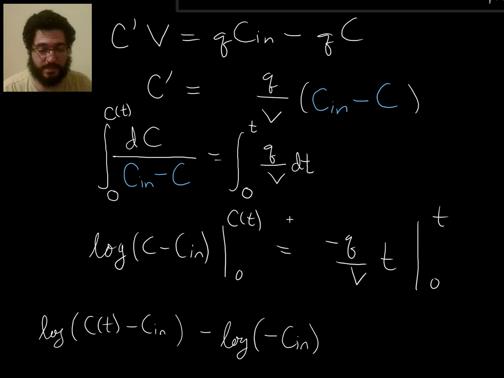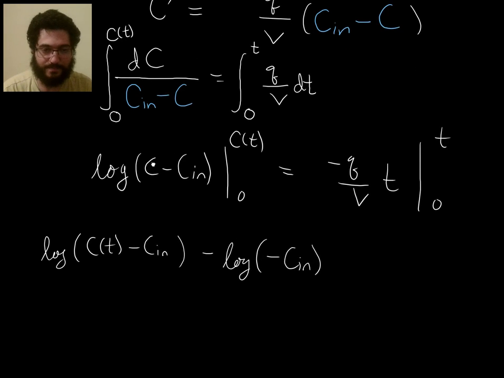And c in minus c really is, now it's positive. C in minus c is going to be positive normally, right? It starts out positive because c starts out at 0, and then it continues to be positive as time goes on.